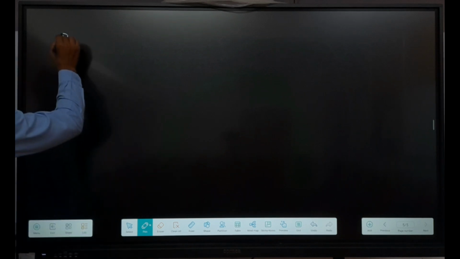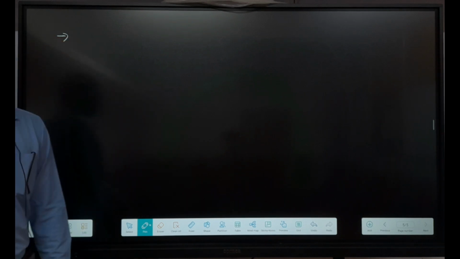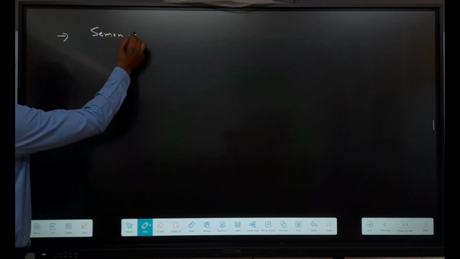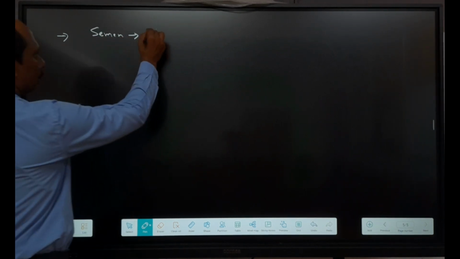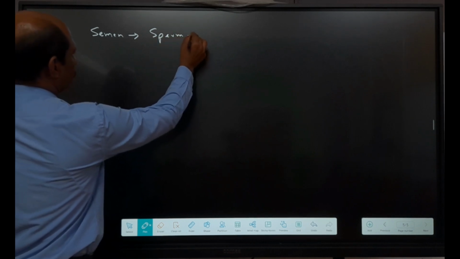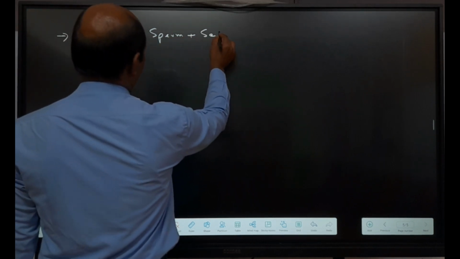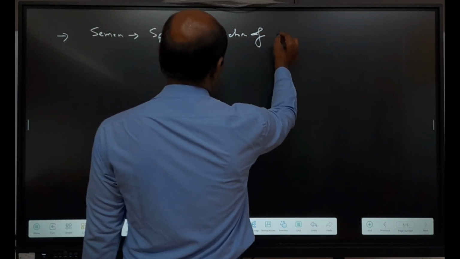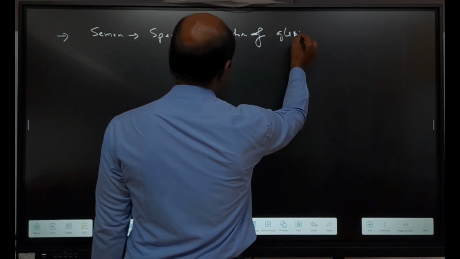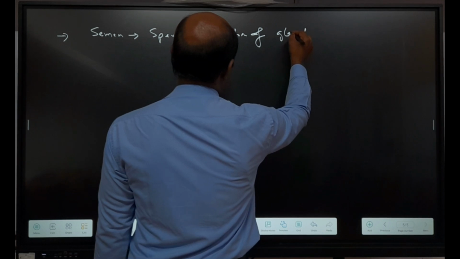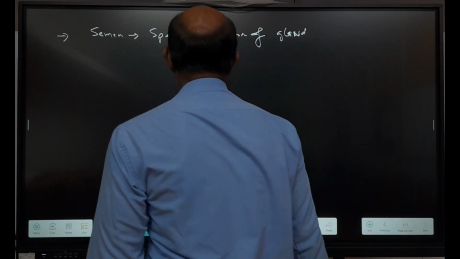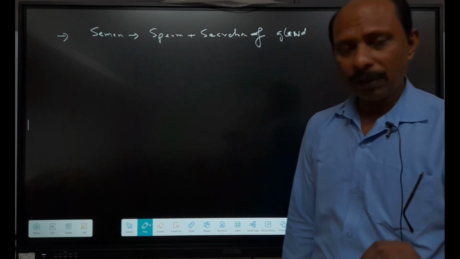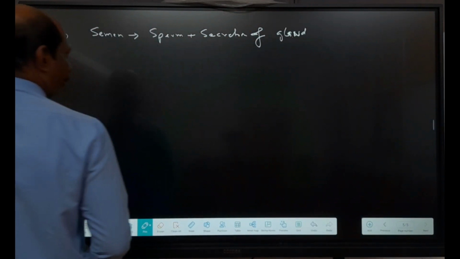Now what is this term? Semen means what? It is sperm plus the secretion of accessory glands, and I did not write it here because it is time wasting only. Accessory gland means what? It is seminal vesicle, it may be prostate gland, right?